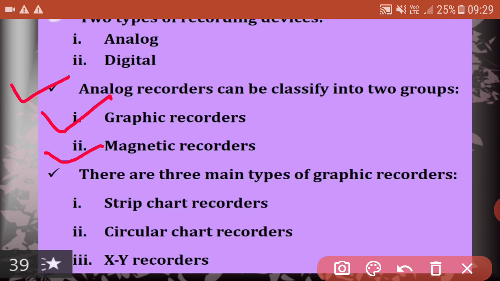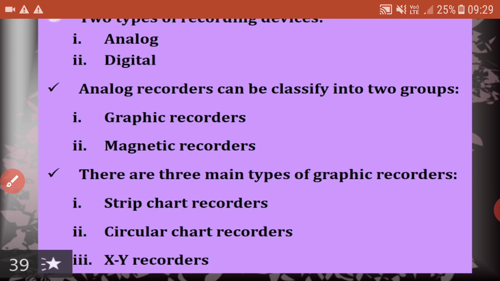There are three main types of graphic recorders: strip chart recorder, circular chart recorder, and XY recorder. So in this lecture, we will study the strip chart recorder in detail.